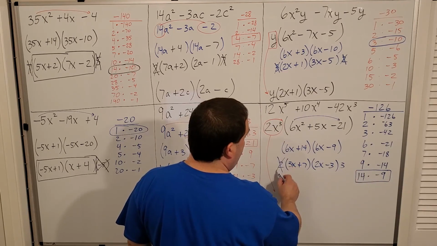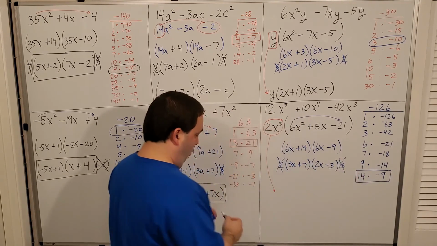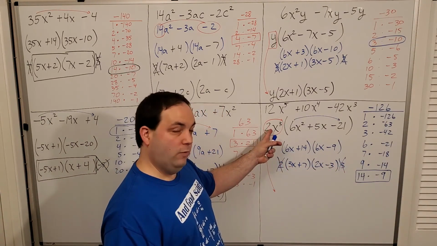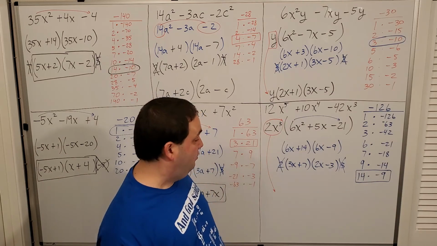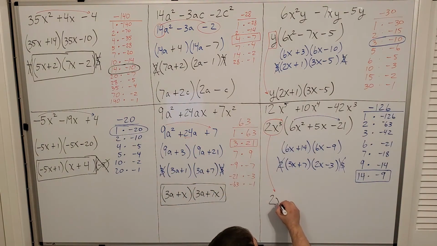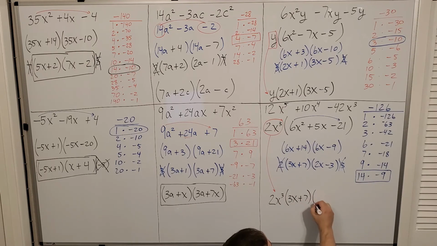And then, of course, those filtered pieces are the ones that I throw away, right? Those are the pieces that I don't use. The original GCF I do keep. Okay, final answer. 2x to the third times 3x plus 7 times 2x minus 3.